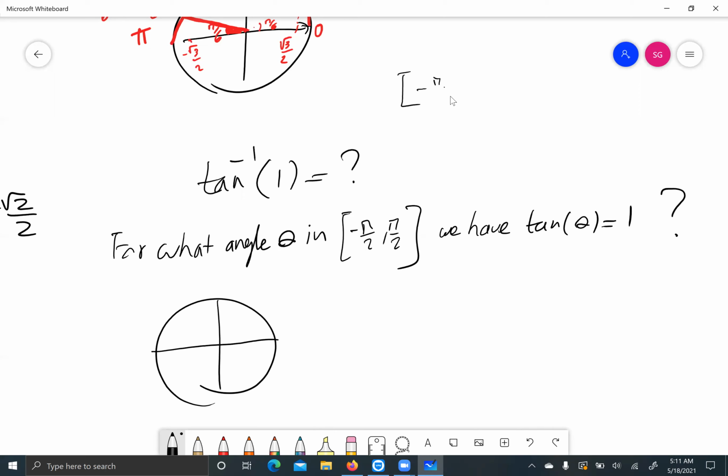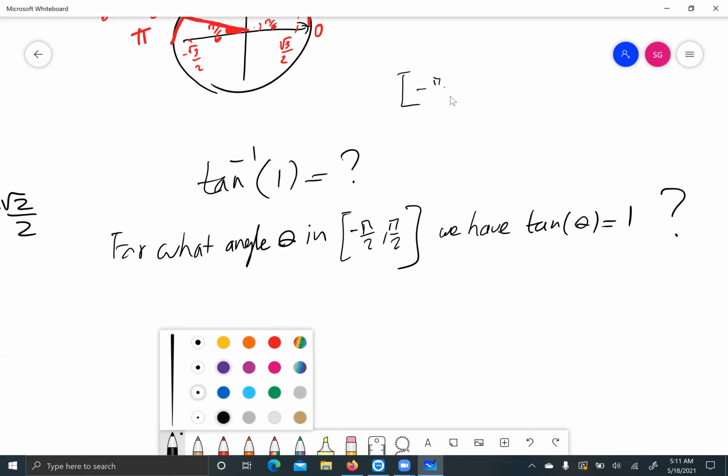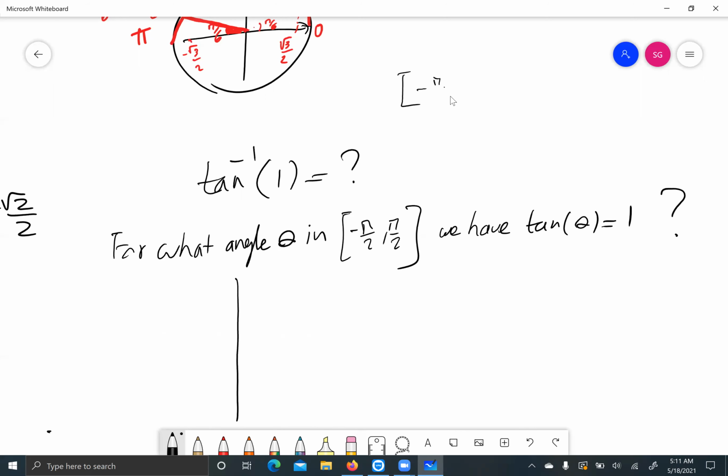I know it's related to pi over 4 because pi over 4 is the value that has the same sine and cosine, 45 degrees. But the domain is between negative pi over 2 and pi over 2, so in the unit circle we are just looking at the angles over this region.